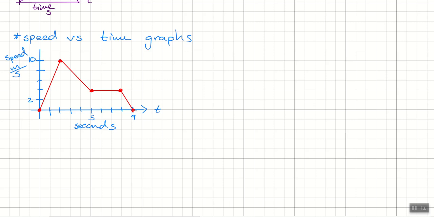What I want us, and rather you, to do, but I'll help us get started with it, is using this graph, I want us to try to find a few different values. So from this graph, I want you to find, and we'll have a few different things.